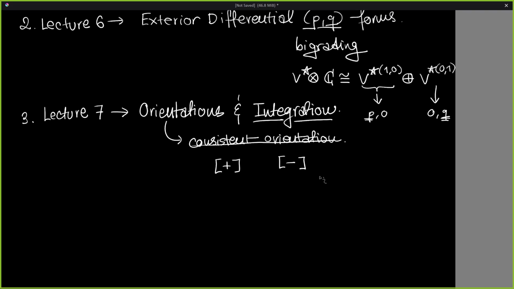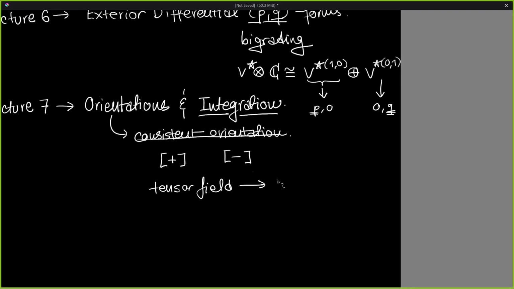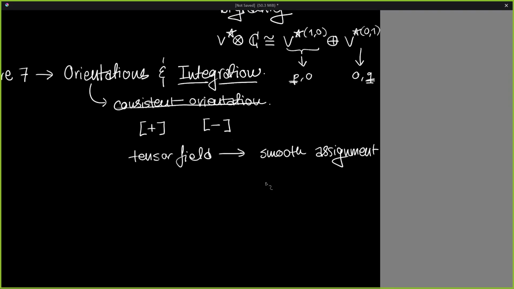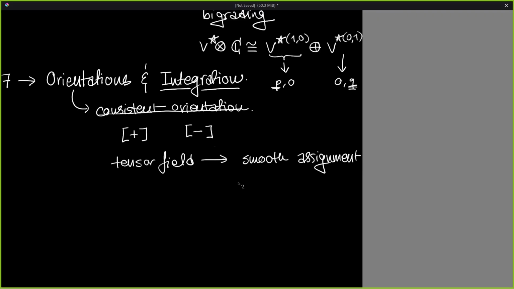These were our two orientations, and we needed to define a tensor field that would give us an orientation on the entire manifold. So this would be a smooth assignment. I'd like to remind people that a field already implies the smoothness. Smooth assignment of orientations.